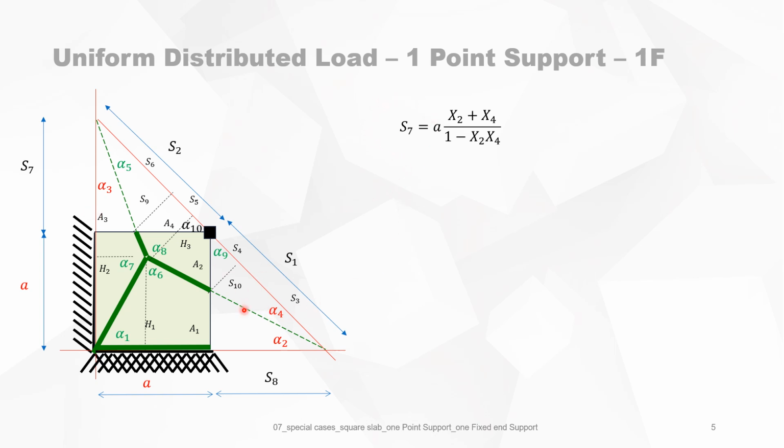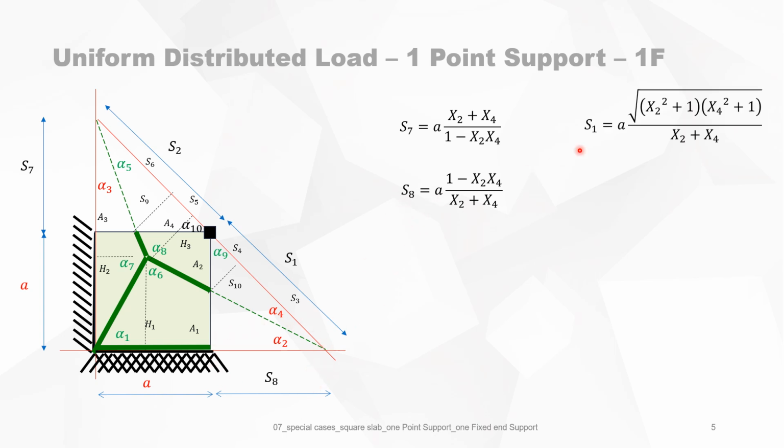You can start with, for instance, S7, which is from there to there. So it fixes this point, this cross section there. So this side S7 can be easily expressed in function of the tangent of alpha 3. And you arrive at this expression. Same for S8.